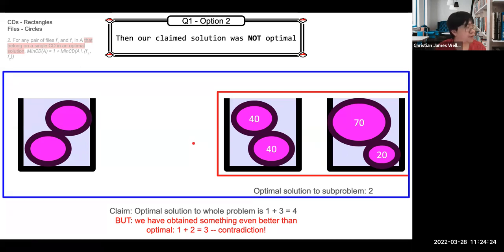I would like to stop for questions, because I understand some might be confused with all this contradiction and whatsoever. Any questions about this, or is this okay? If it's okay, please give me a thumbs up. All right, a couple of thumbs ups.